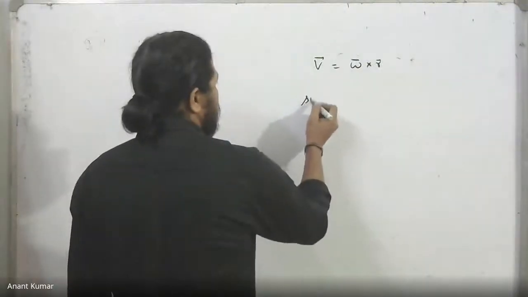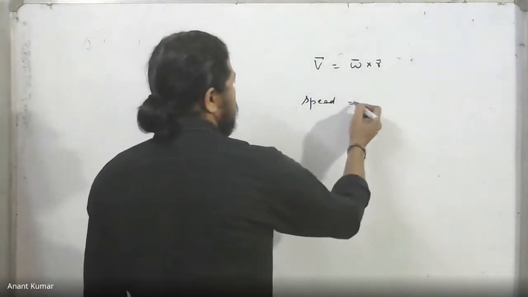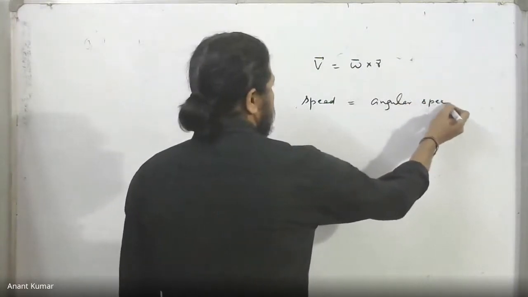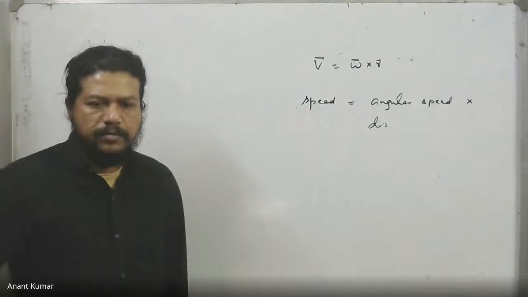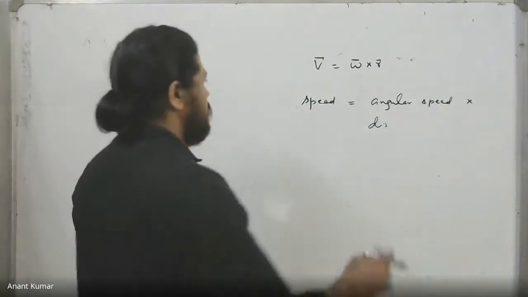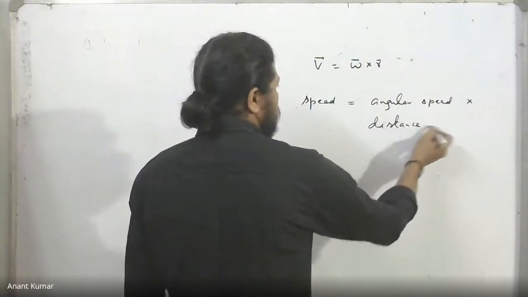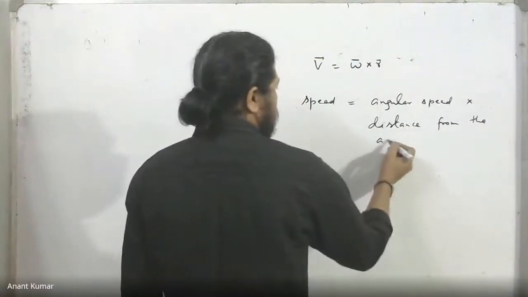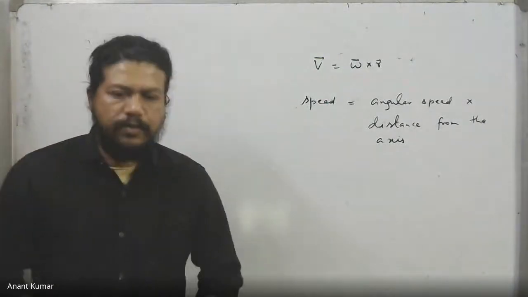Magnitude or the speed is nothing but just the speed of a point of the body.